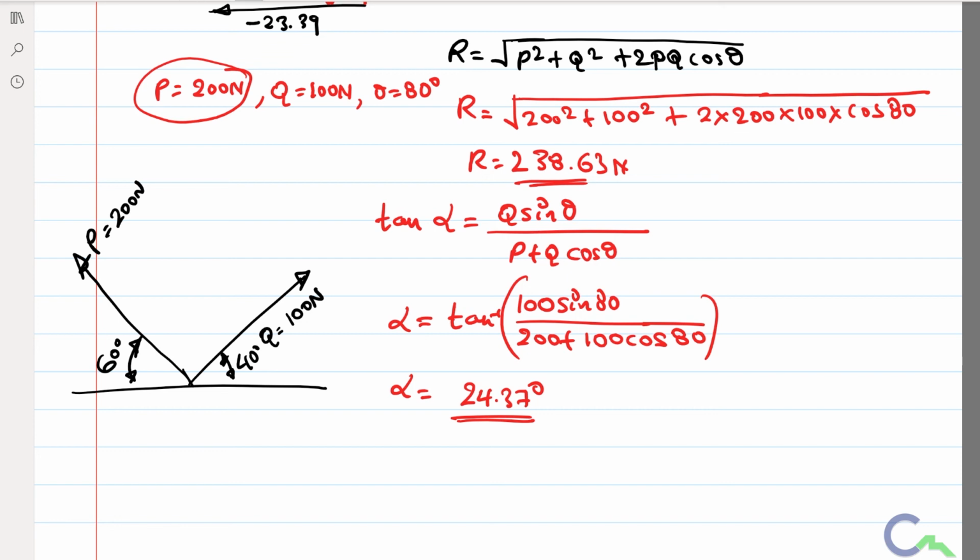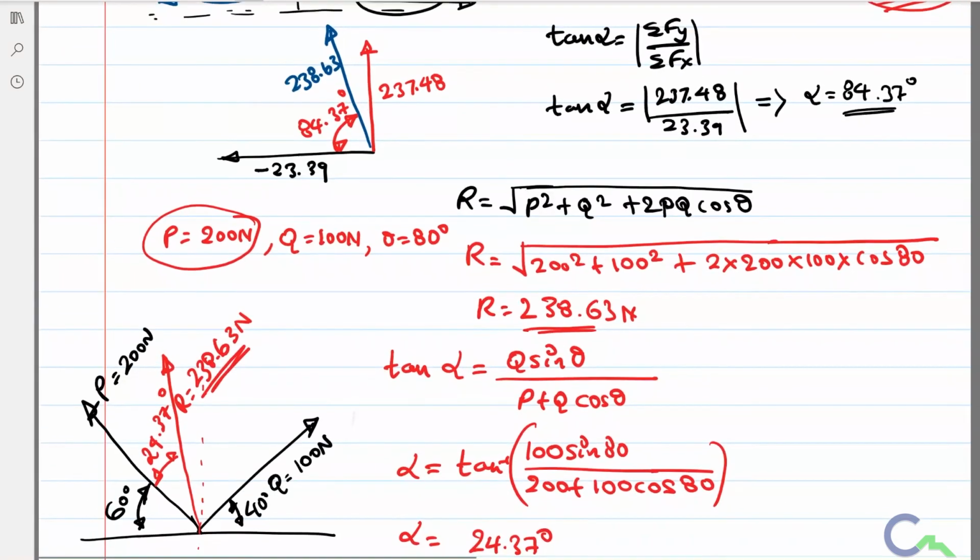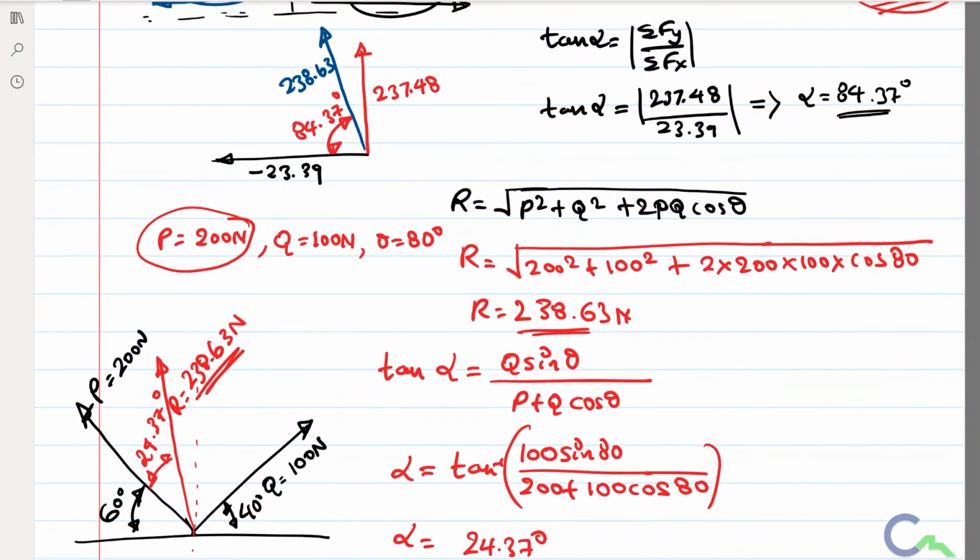So 90 degrees somewhere here. 60 plus 24, that is 84.37. So somewhere here, this angle is 24.37 degrees. So the resultant value R is equal to 238.63 Newton. So now I can compare with the previous figure.